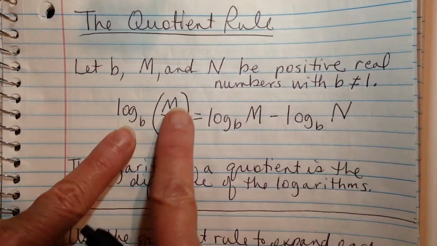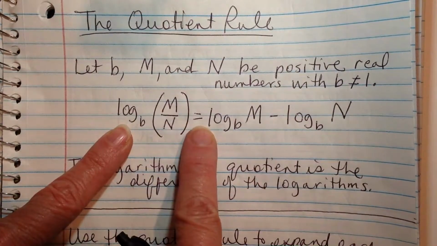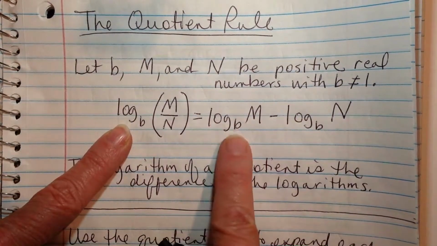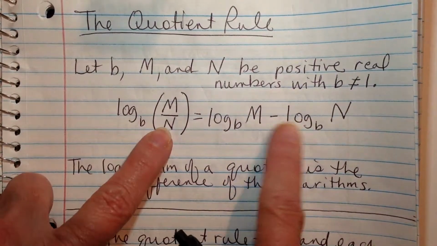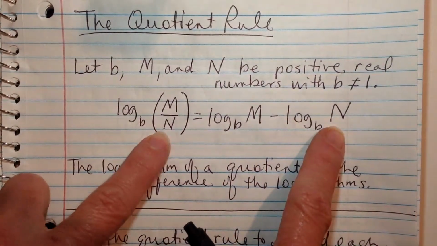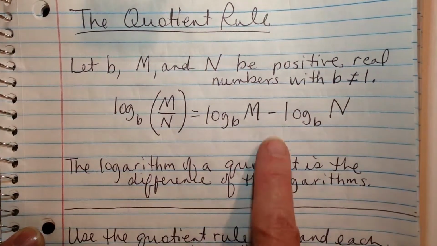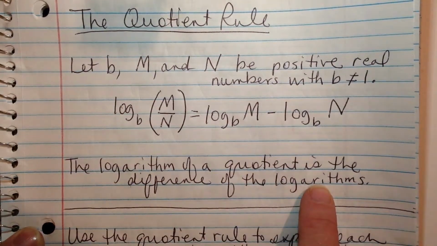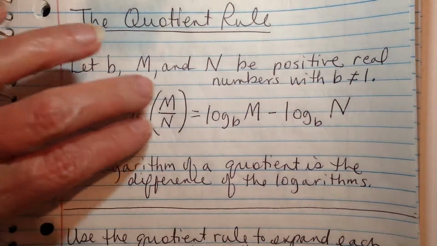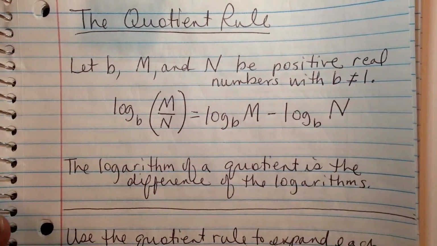Log base B of M divided by N, there's your quotient, is expanded to log base B of M, the number that's in the numerator, minus log base B of N. The logarithm of a quotient is the difference. Difference meaning to subtract. The difference of the logarithms. So anytime you have a quotient, you will separate them apart and subtract them.